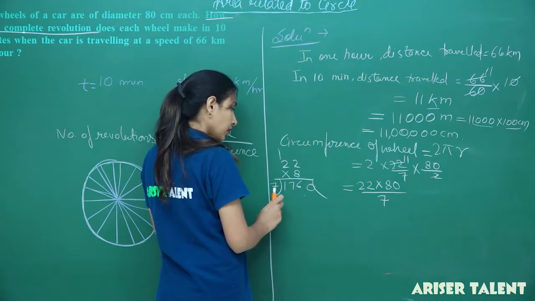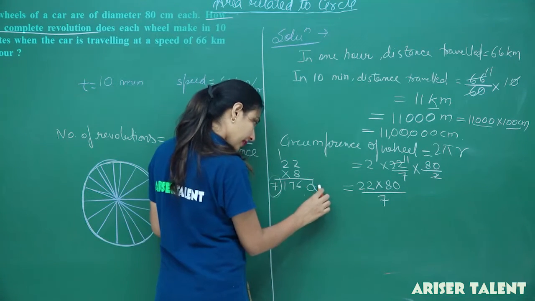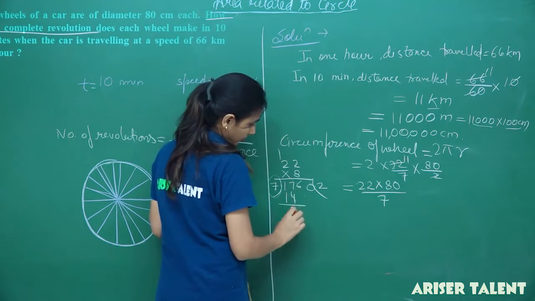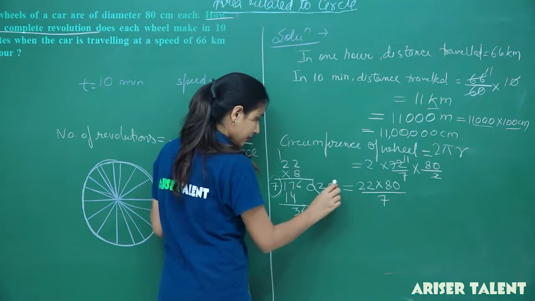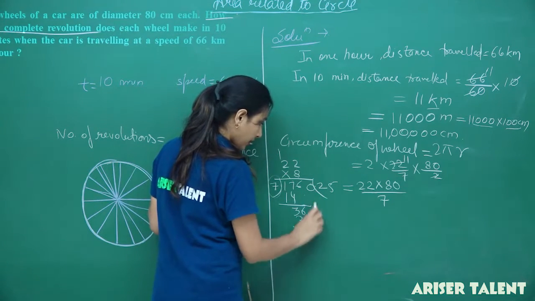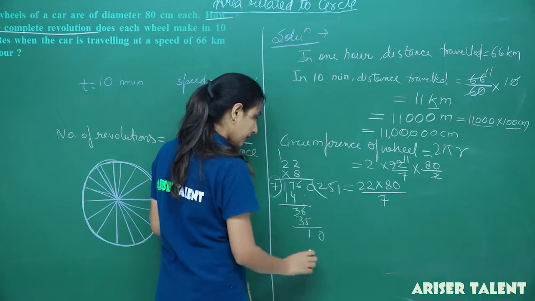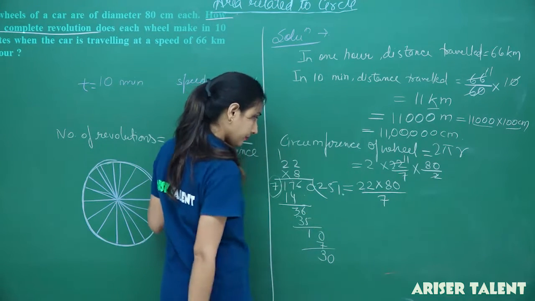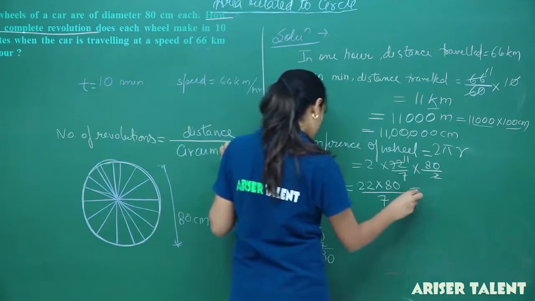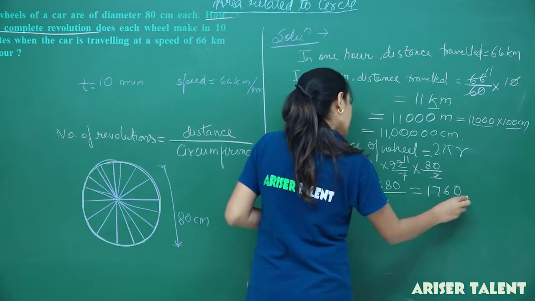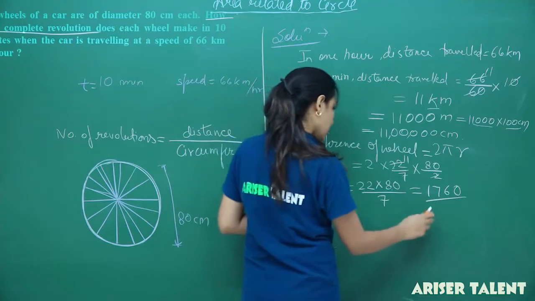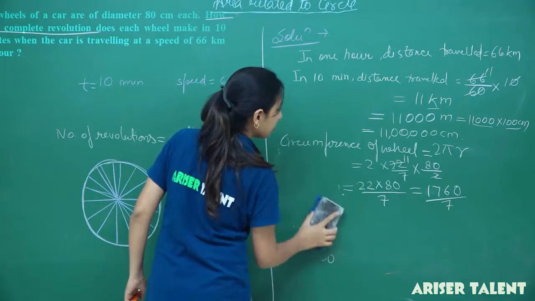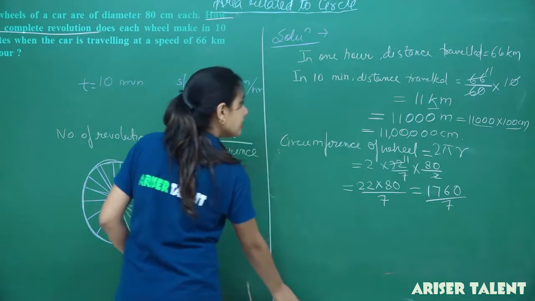Now when I will be having this 7 here, then I will be finding 2 times 14, 5 times 35, 1 time 7. Or else what you will do? You will write just 1760 divided by 7 here. So this is what? This is your circumference. Okay students, this is your circumference.